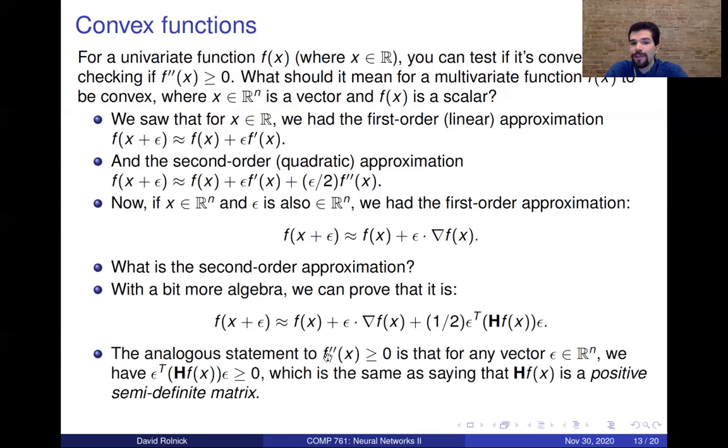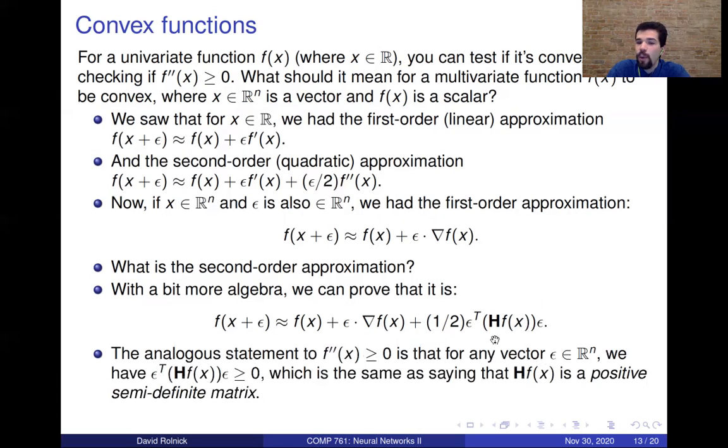So the analogous statement to saying the second derivative is greater than or equal to 0 is saying that for any vector epsilon, this thing is greater than or equal to 0. Because this is the same term as this. Again, this should be epsilon squared. So this is positive when the second derivative of f is positive. This is positive when this thing is positive.